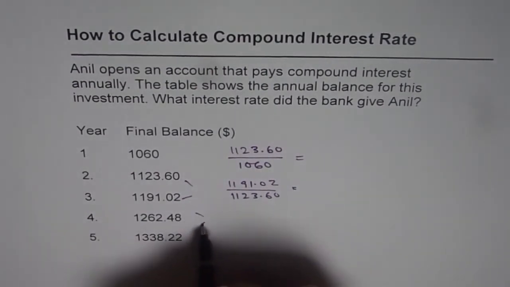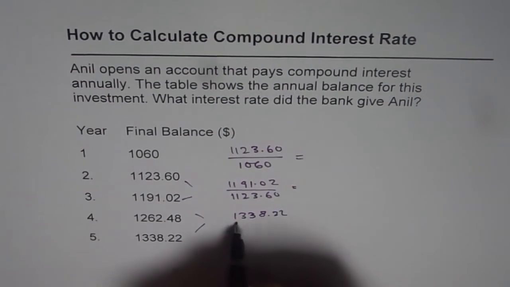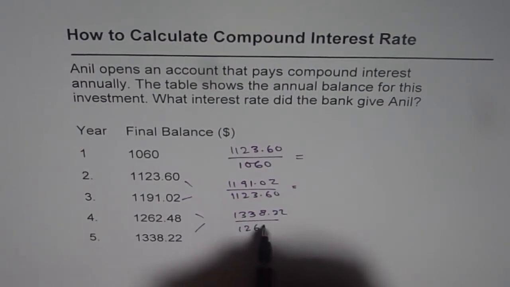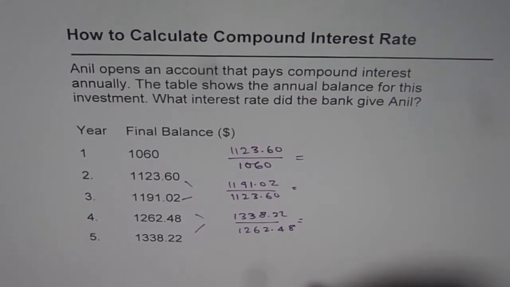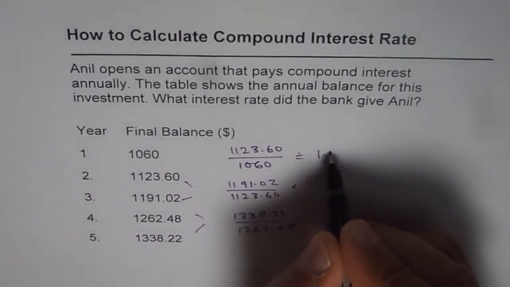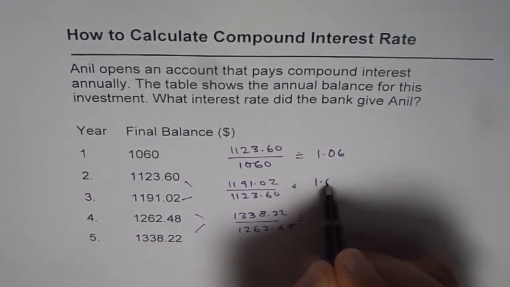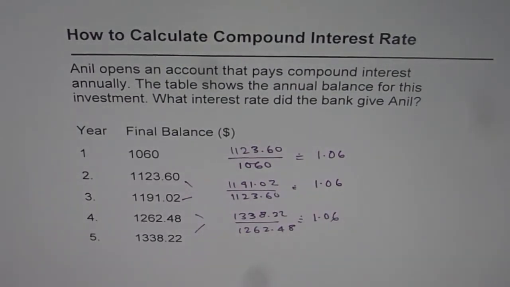And then we'll divide 1338.22 by 1262.48. What are we going to get? Well, if we use our calculator and do this, we get approximately the same value for all, and that is 1.06. We did it in the last video also, correct?